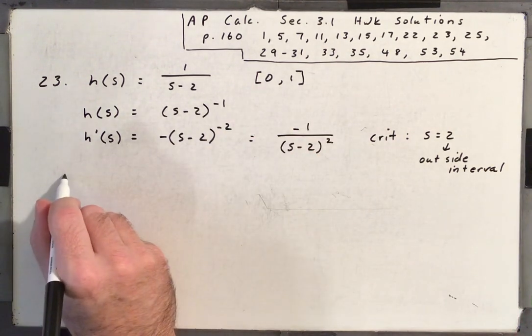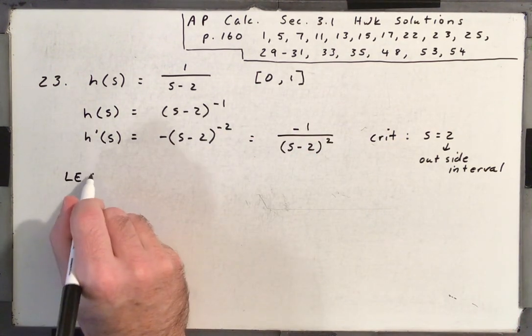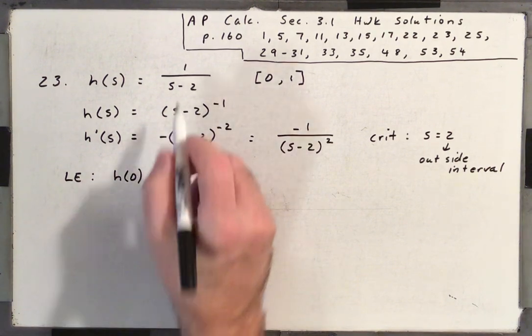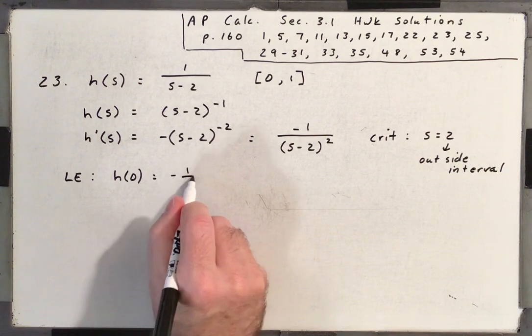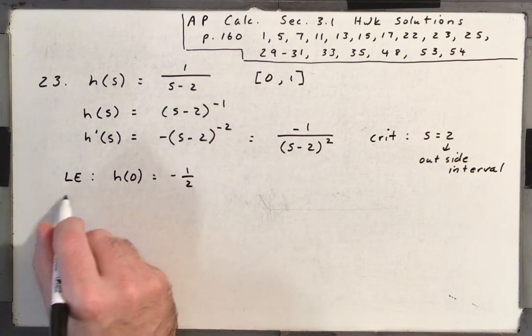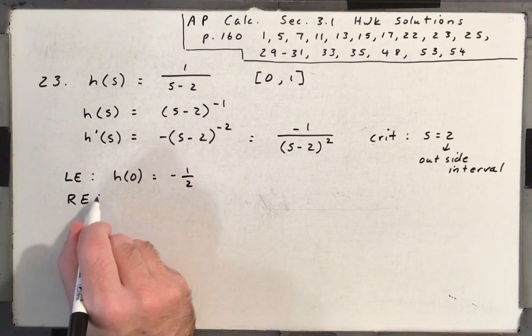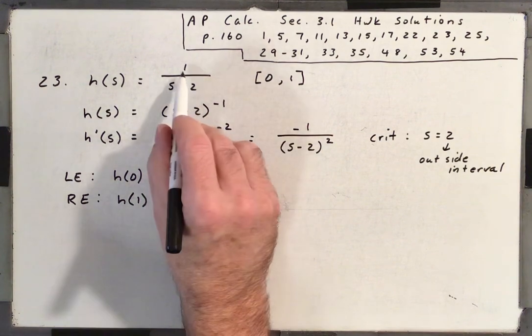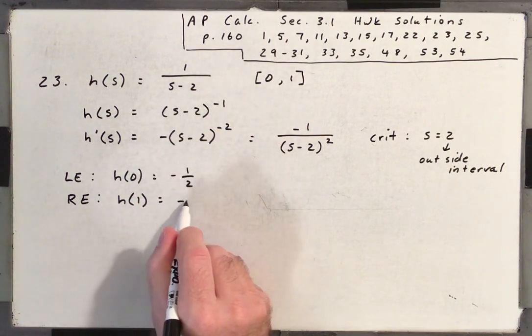So we just evaluate the left endpoint. So that's going to be h of 0. And that's -1/2, right? Put a 0 in. -1/2. The right endpoint will be h of 1. And that'd be 1 over -1, which is -1.